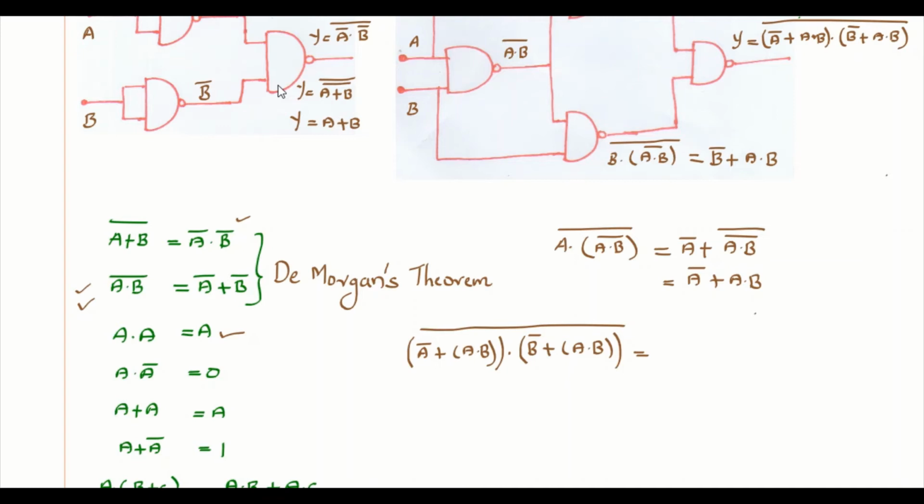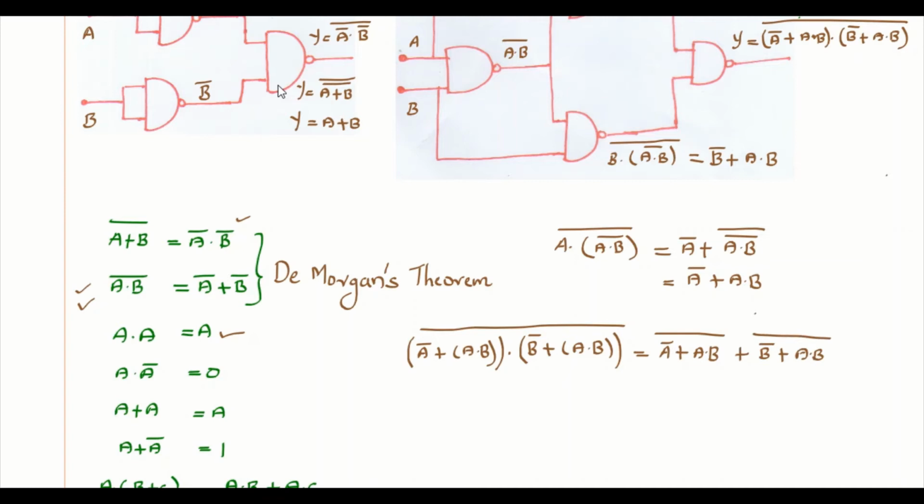So A complement plus A dot B dot B complement plus A dot B, the whole complement becomes A complement plus A dot B, the whole complement, plus B complement plus A dot B, the whole complement.